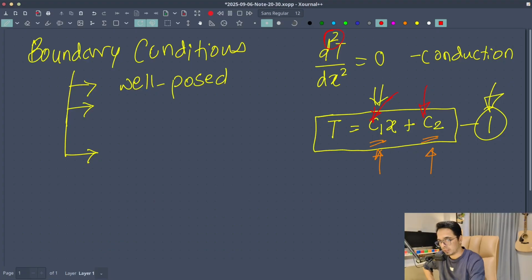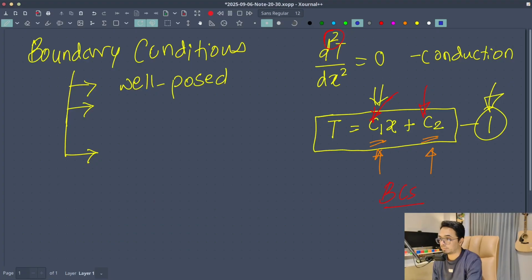And that is where the boundary conditions come into place. If I give at least two conditions, by using which I can calculate the values of c1 and c2, I can substitute them back into this equation and make it a solvable case. And this is what boundary conditions are all about.